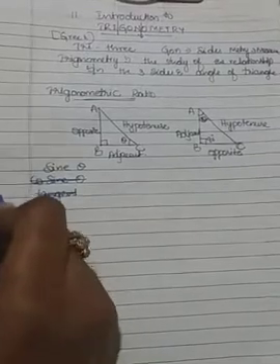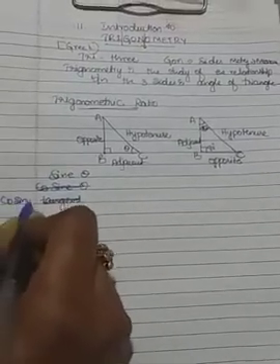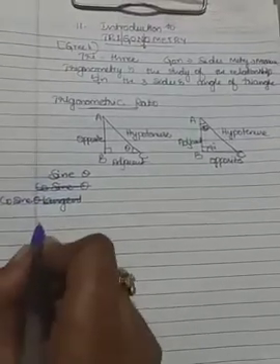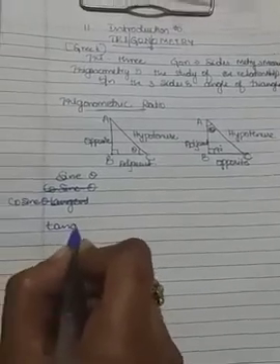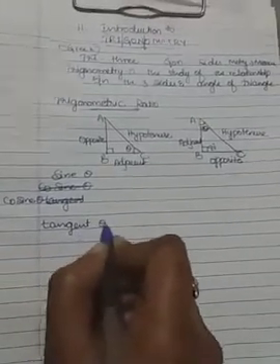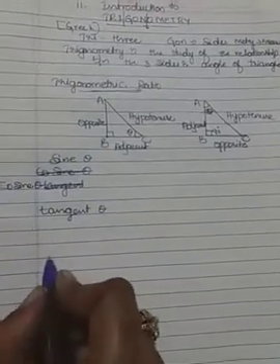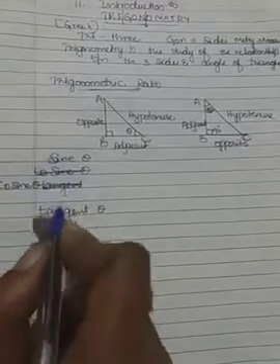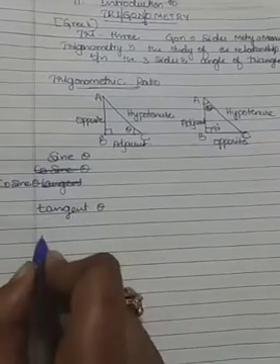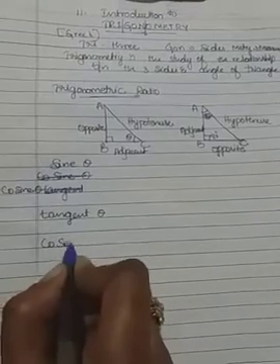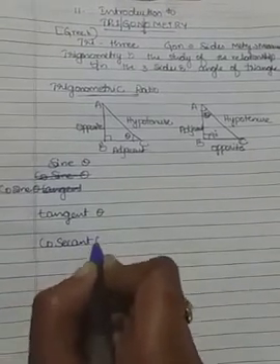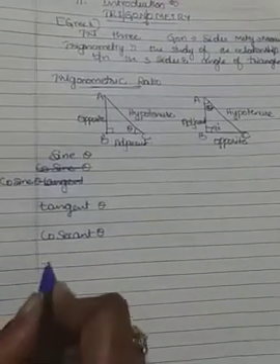Sine theta, the second one is cosine theta, then the next is tangent theta. After tangent theta comes cosecant theta, then secant theta.